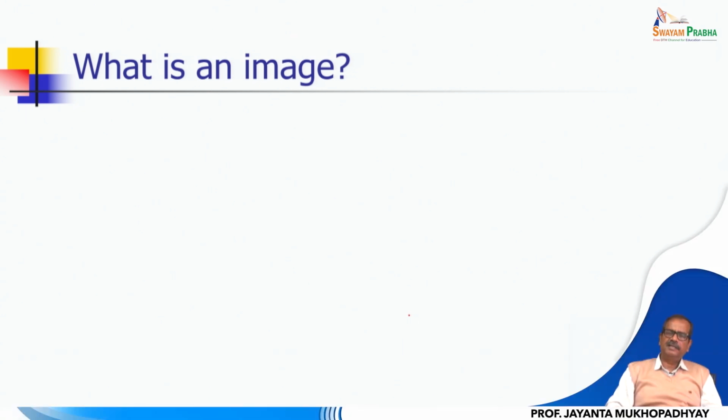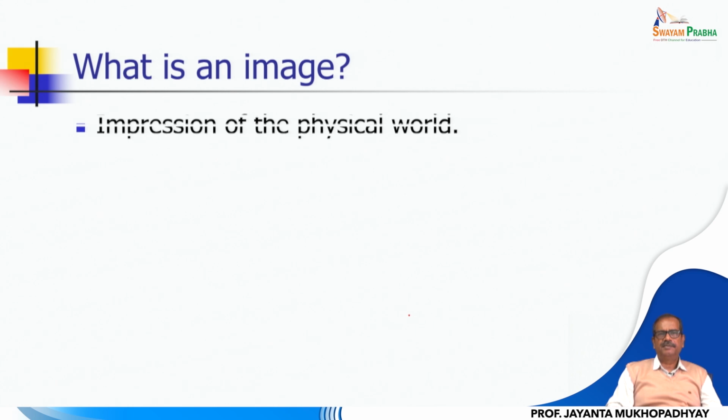So finally, if I say in a very abstract sense, what is an image? What do you mean by an image? One very simple way to say it is an impression of the physical world.